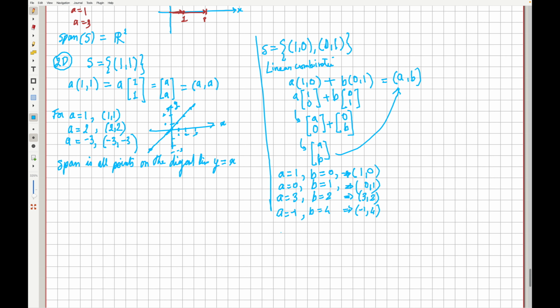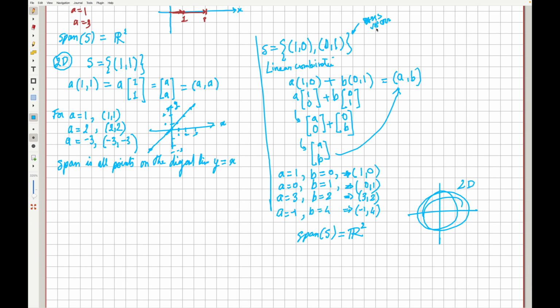And so what we can say is that the span of S, in this case, is all the points in the space R2, that is the entire 2D space can be reached by using this set of basis vectors.